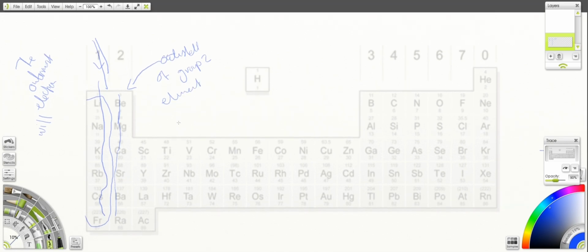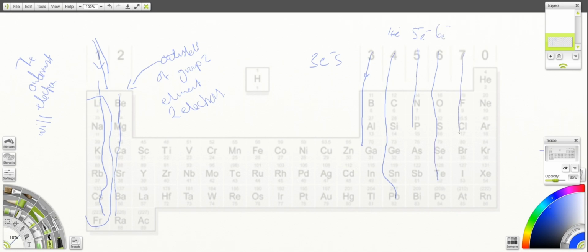You're going to have 2 electrons. In the outer shell of group 3, you're going to have 3 electrons. In group 4, you're going to have 4 electrons in the outer shell. Group 5, you're going to have 5 electrons in the outer shell. Group 6, you're going to have 6 electrons in the outer shell.